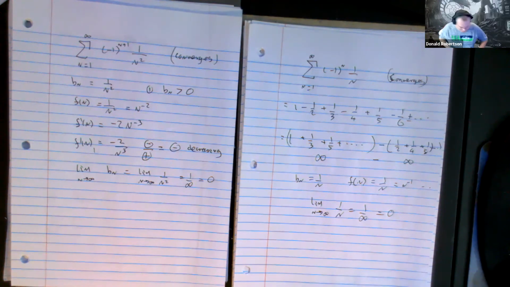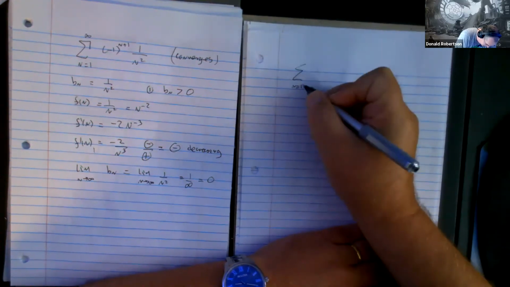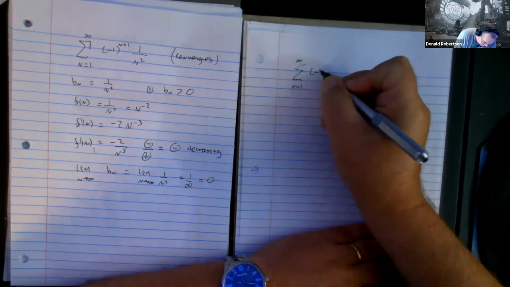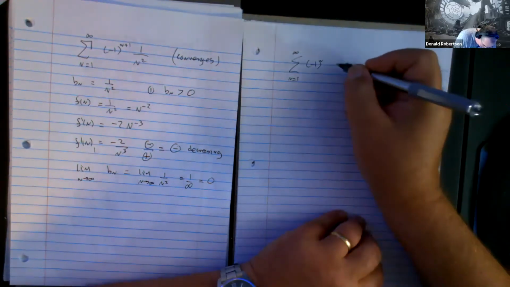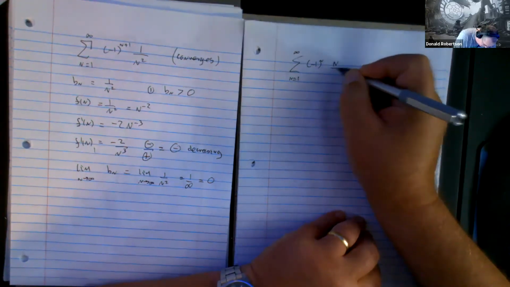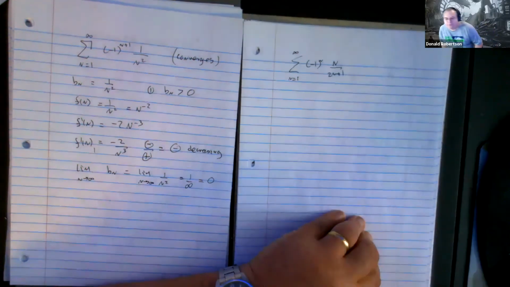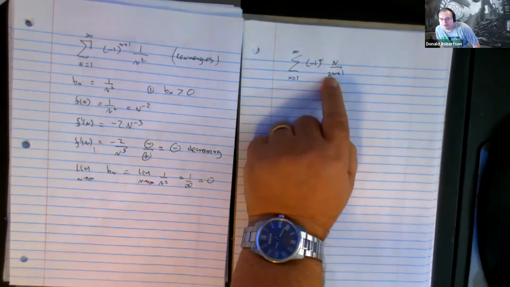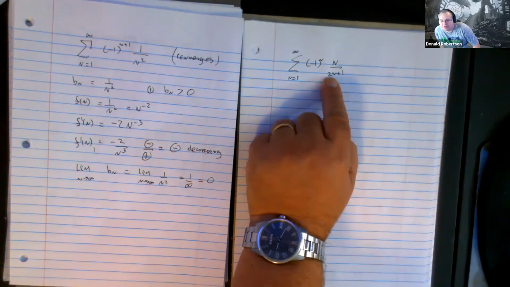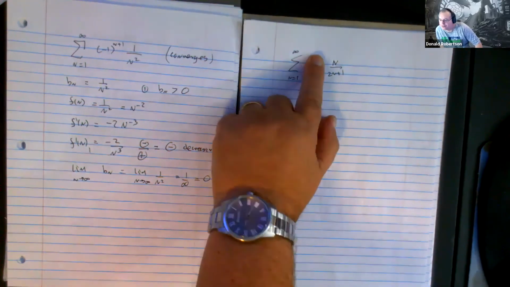Right. Let's show you a diverger. Can you just assume that this one here is positive?